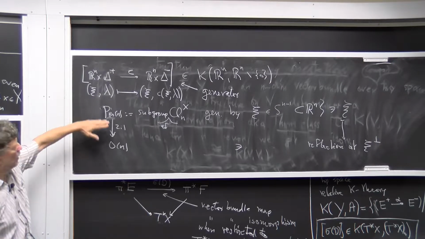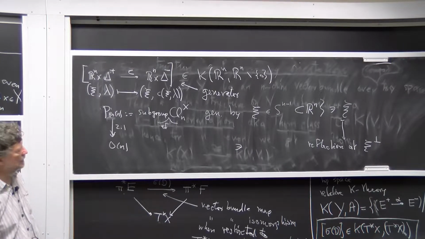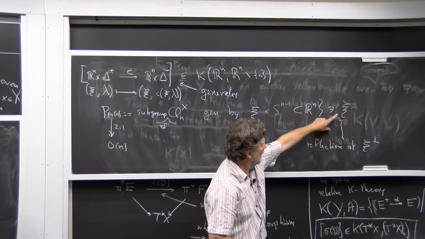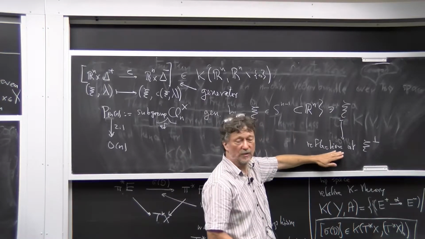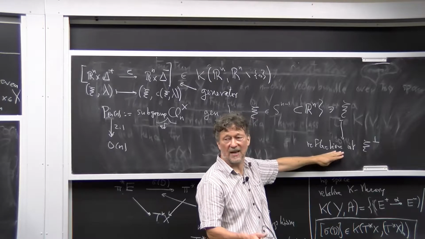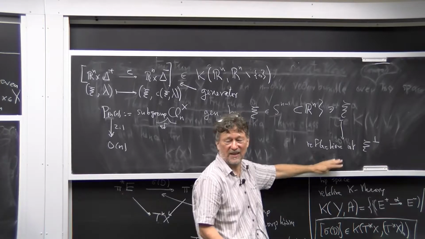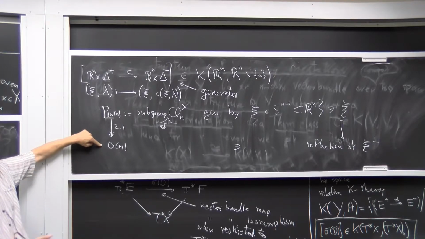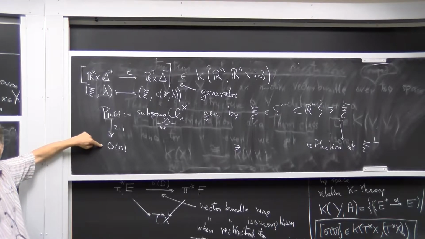That gives you a homomorphism from this group to that. Now, this is not a proof, but notice that there are two elements, psi and minus psi, that go to the same reflection. That strongly suggests that you constructed a double covering this way, and you can check that it does.